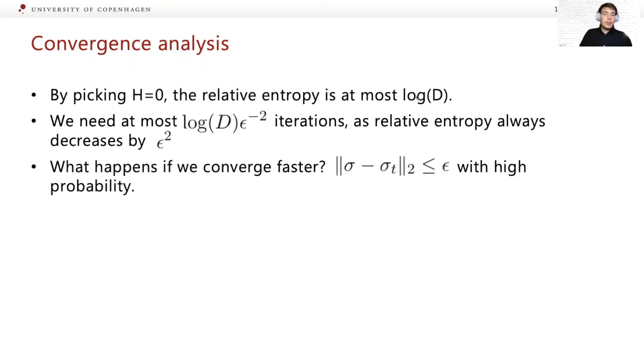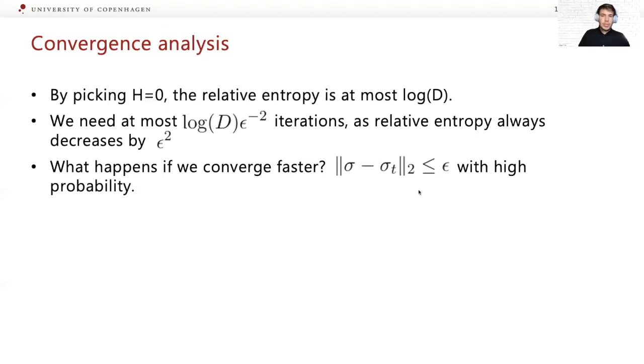And well, what happens if we don't need this many iterations? As I mentioned before, if we actually converge before reaching this many iterations, then it's very likely that the Hilbert-Schmidt distance between the target and the guess is small. And I mentioned at the beginning of the talk that we're actually interested not in obtaining a good Hilbert-Schmidt recovery, but actually a trace distance.